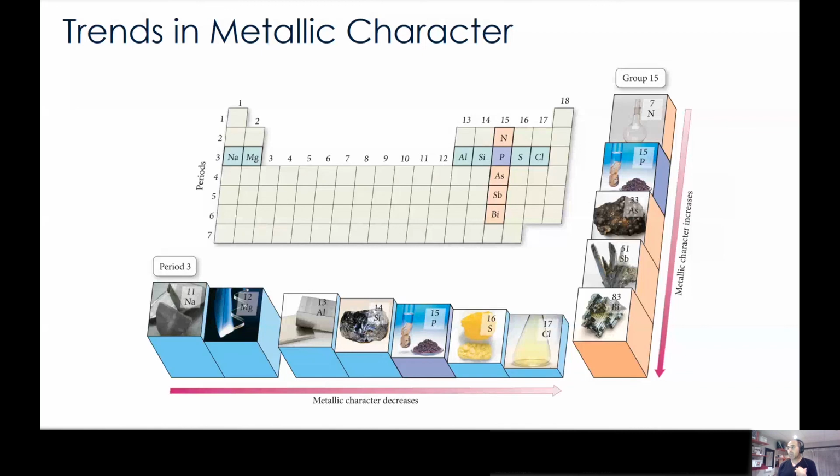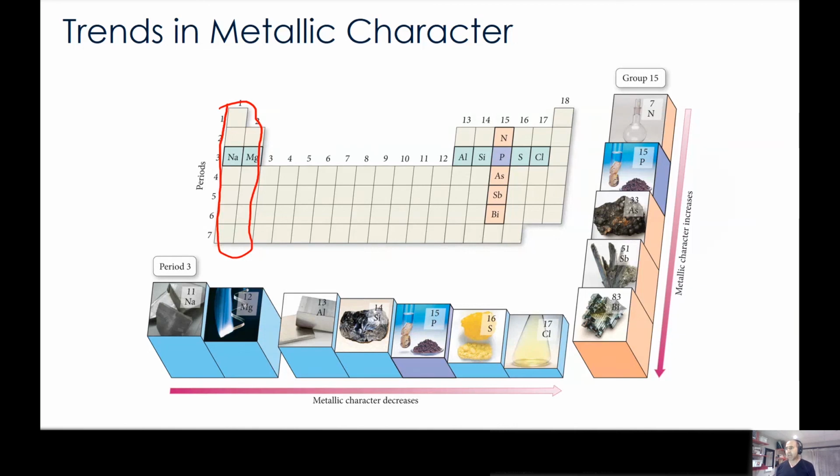Basically, what we see is we tend in our everyday life not to associate the groups 1 and 2 elements with metals, but in fact, they are the real metals, the true metals, if you will. They are the most metallic of the elements.